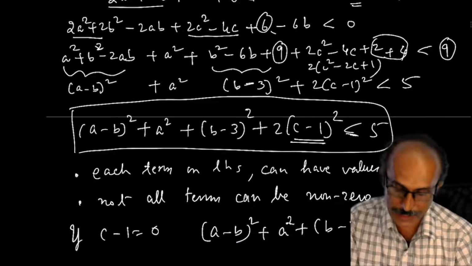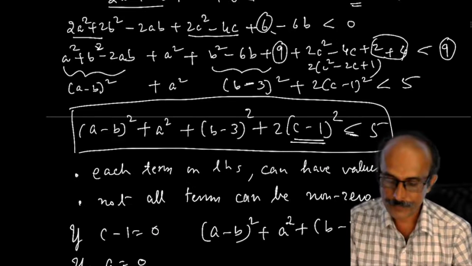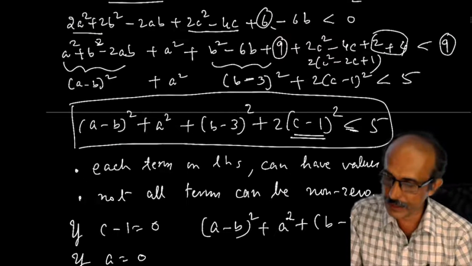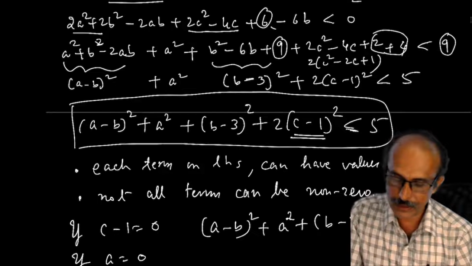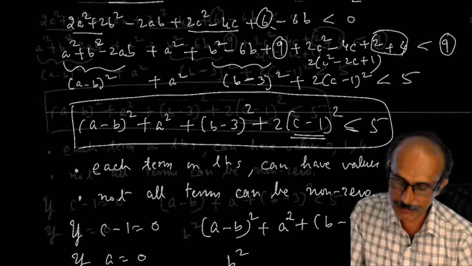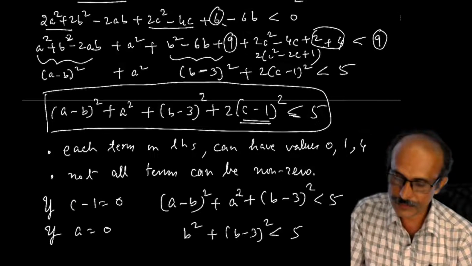Now suppose a is 0. If a is 0, then we get b square plus (b minus 3) the square less than 5.